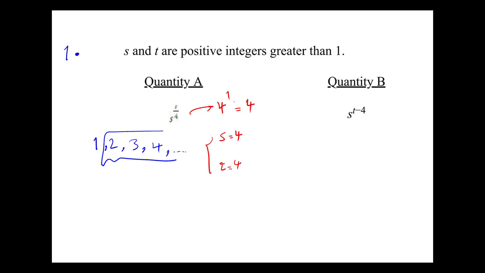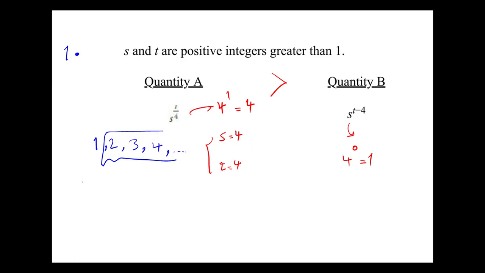So quantity A is 4. What about quantity B? S is 4, T is 4. 4 minus 4 is 0. Anything to the power of 0 is 1. So we can say that quantity A is bigger than quantity B for these numbers.